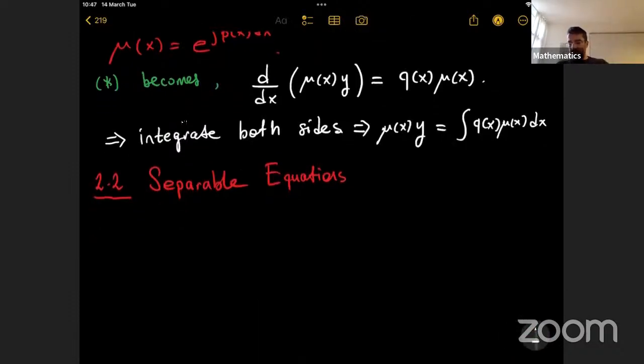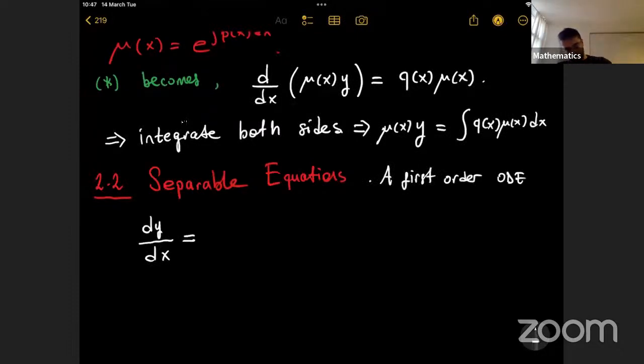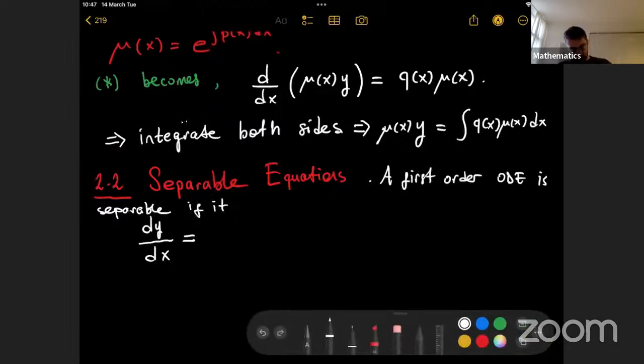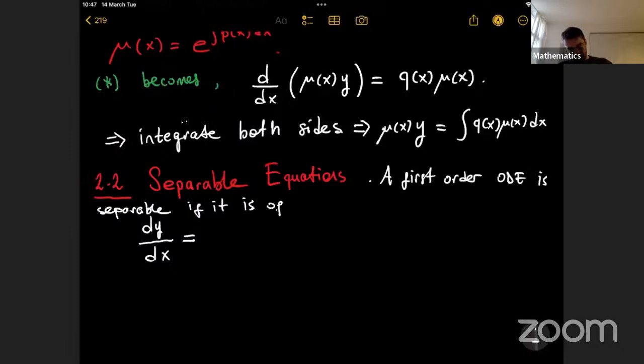A separable equation is like this: dy/dx, the first derivative. A first order ODE is separable if it is of this form.